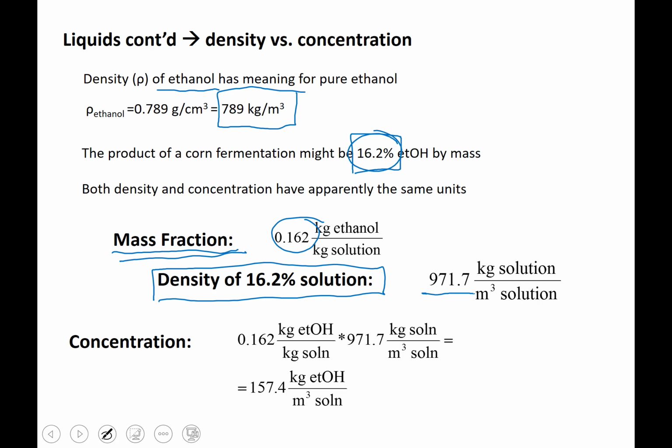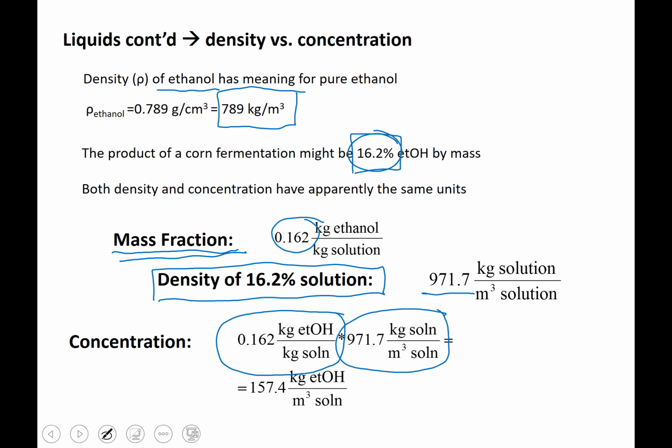I want to point out that this density has the same units as the pure species density, but the values are different. And we can talk about then the concentration. If we take the mass fraction and we multiply this by the solution density.